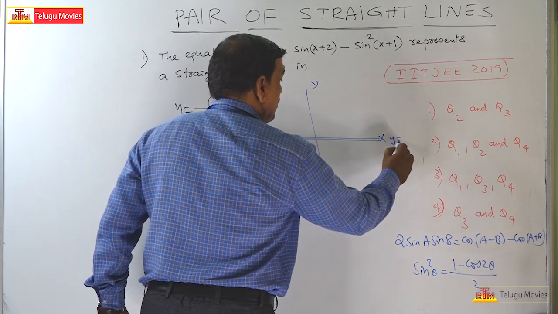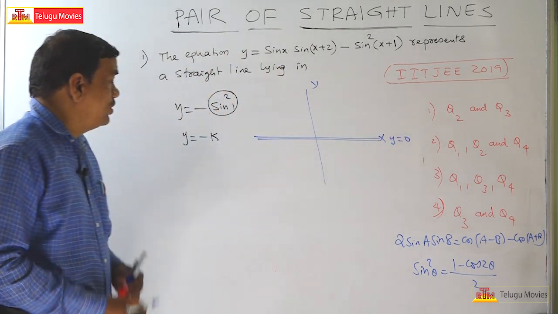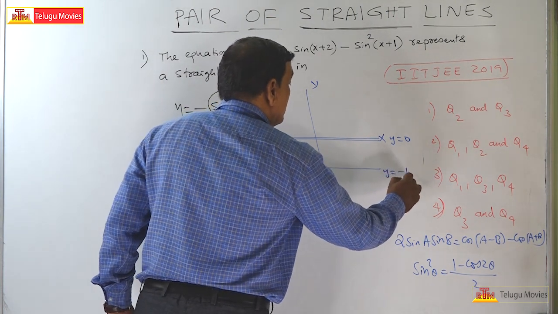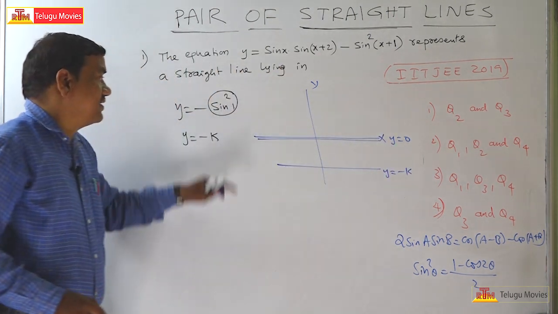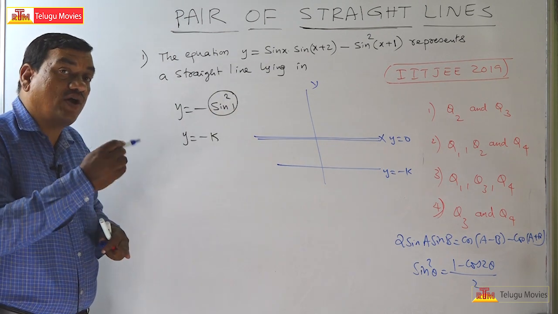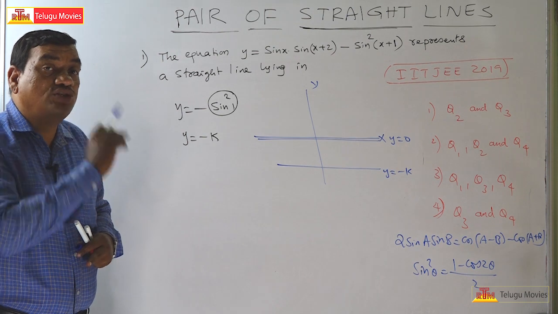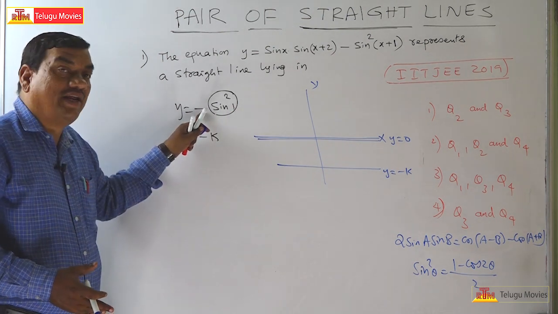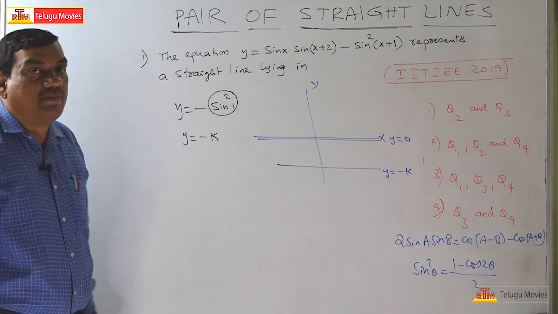The equation of x-axis is y is equal to 0, and y is equal to minus k line definitely lies below the x-axis. Here sin square 1 will definitely be a positive quantity. Sin 1, whatever may be the value, squaring means positive. Minus k will remain as it is.